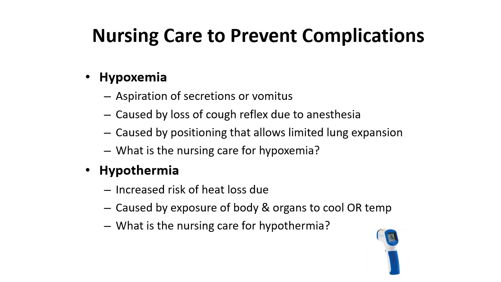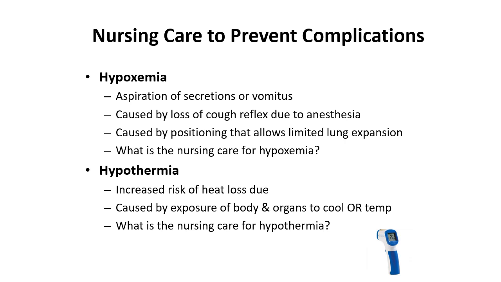And typically, as long as we're able to monitor and have NG to suction available, we can usually prevent that complication, but they still are going to be at increased risk for aspiration, even with the NG tube. Usually we can decrease their risk with NG to suction in place.